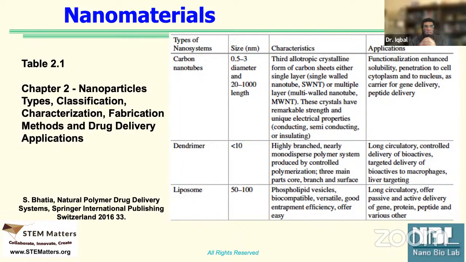So we make vesicles with them that are 50 to 100 nanometer size. We use many of these to put things in them and send into living systems to carry out whatever the function, whether that's genetic manipulation, or you want to send proteins, peptides. So they can carry lots of load and deliver those things in living systems.